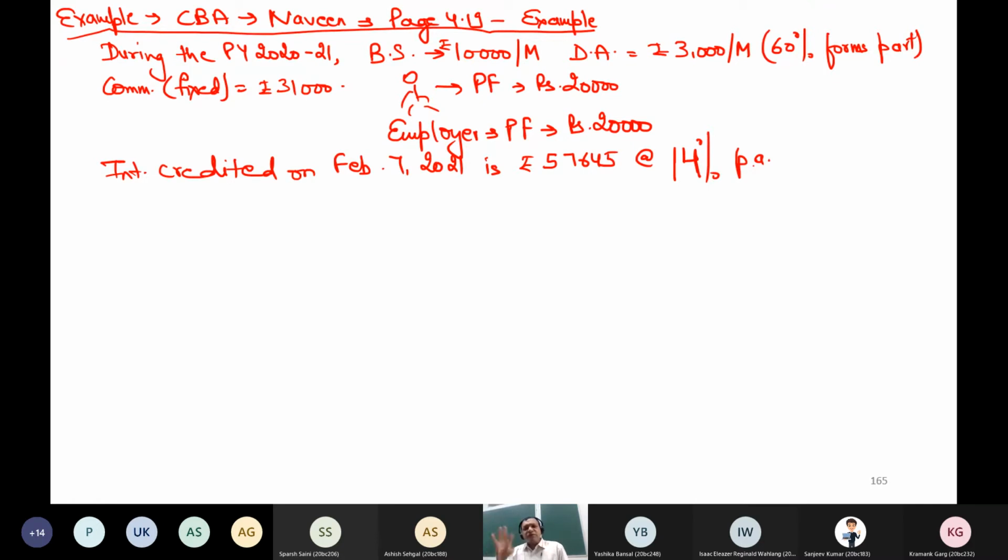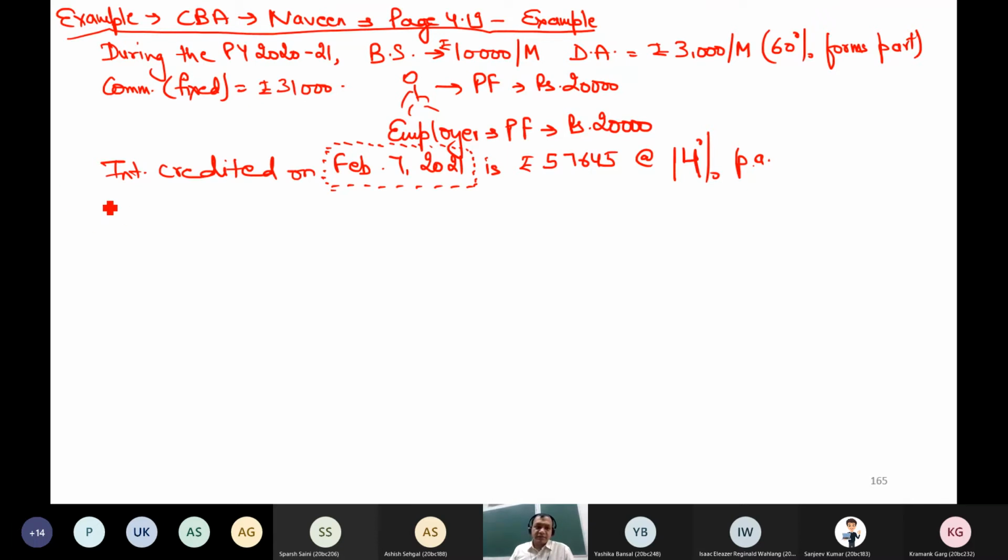Interest is not credited on a daily basis in the PF account. Once a year interest is automatically credited. So that date is in my previous year. So interest of 1 year, 57,645 at the rate of 14%, is credited. At the time of retirement on 31st March 21.